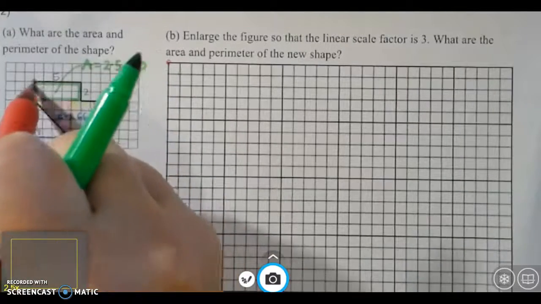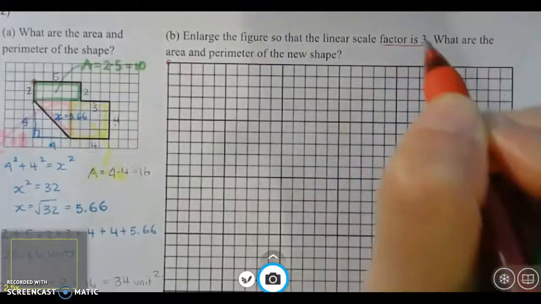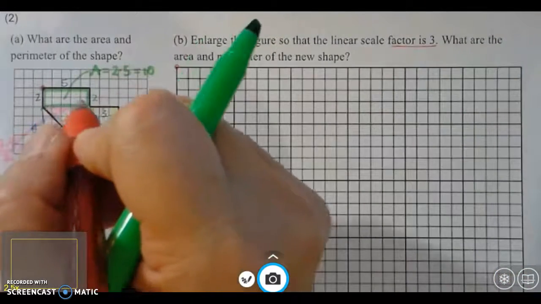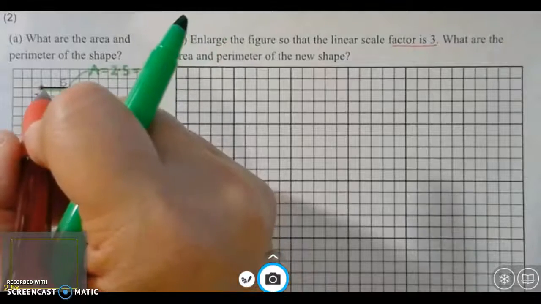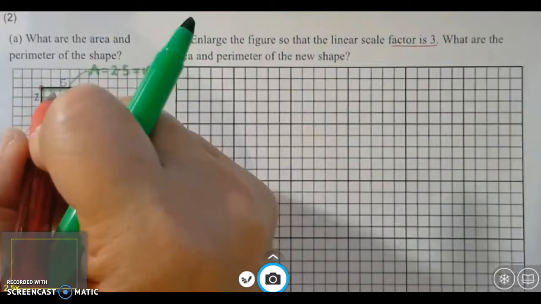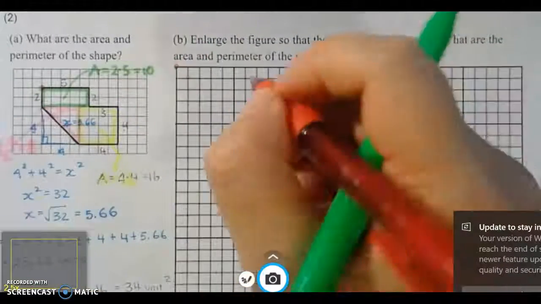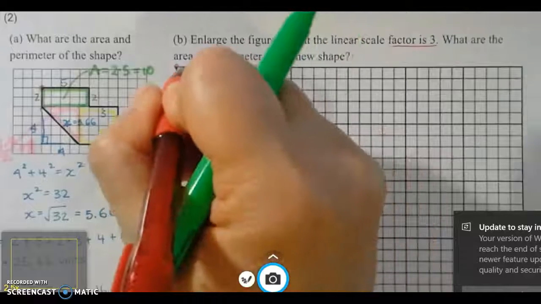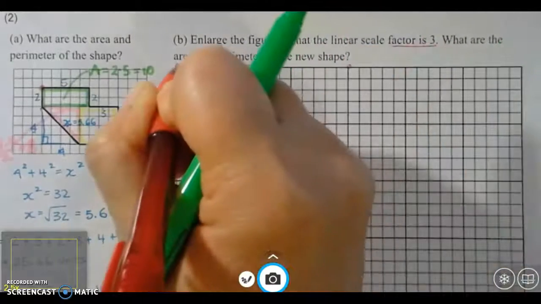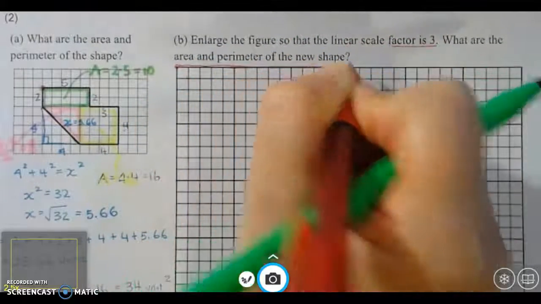I know that when we enlarge by a factor of 3, with similar shapes, similar polygons, each of the side lengths is multiplied by that number. So the side with 5 becomes 5 times 3 is 15, so that's 5, 5, 5, that's 15 right there. So it extends all the way here like so.